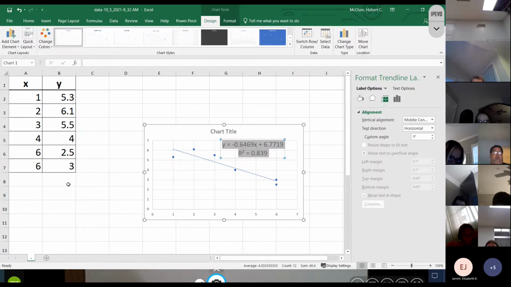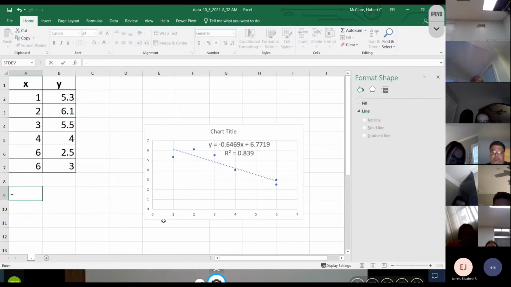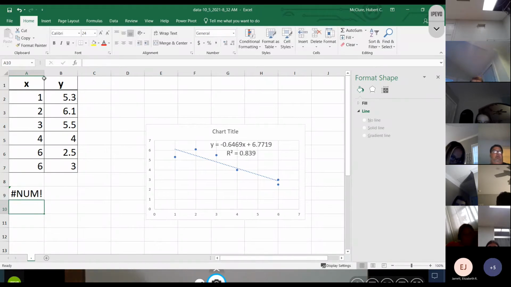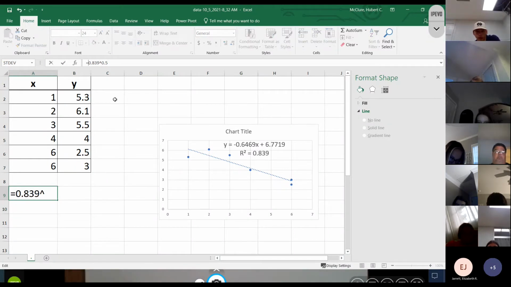I'll do it over here. 0.839 equals 0.839 raised to the 0.5 power. There's my correlation coefficient, 0.916.